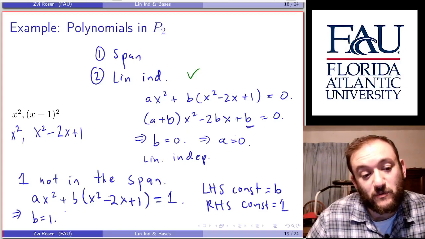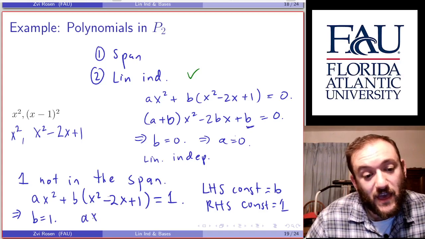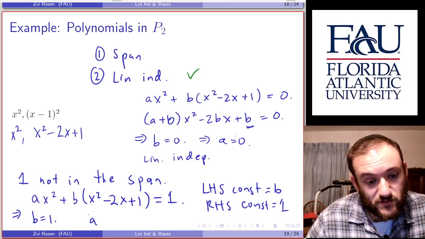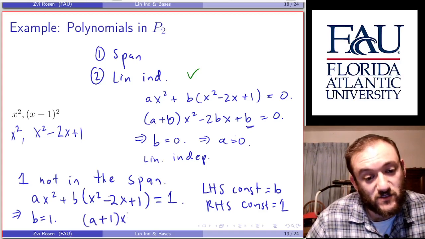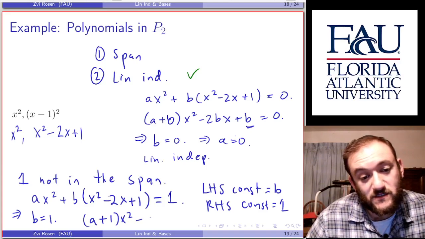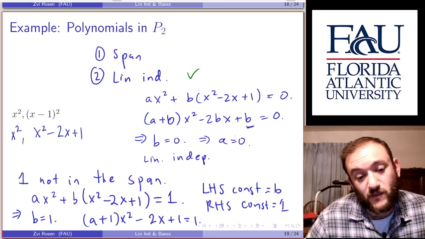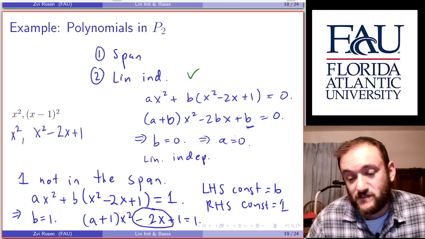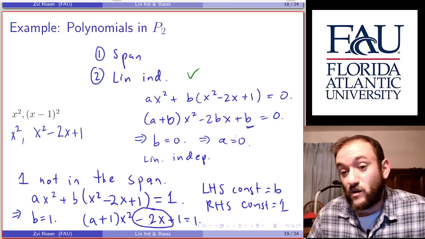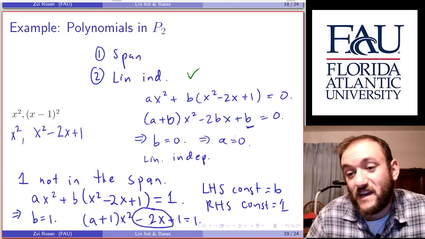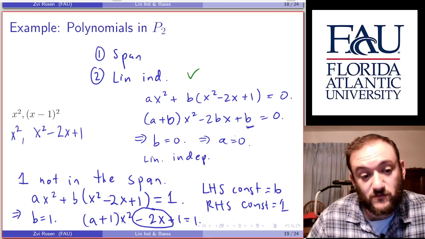But what that leaves me with, let's write it this way, is (a plus 1) times x squared minus 2x plus 1 equals 1. On the left-hand side, we have minus 2x as our degree 1 term, and on the right-hand side, we don't have any x terms.